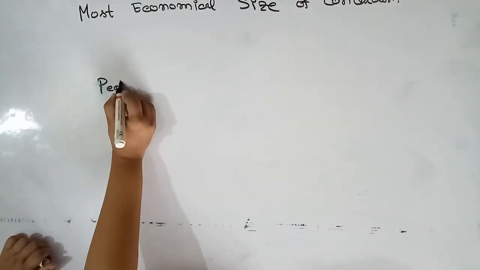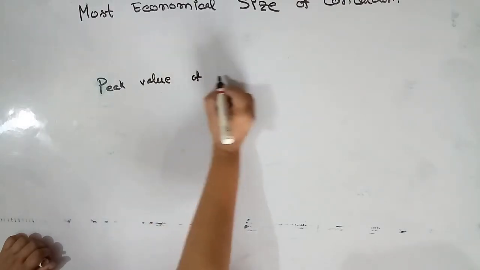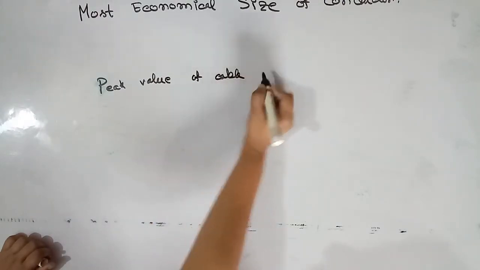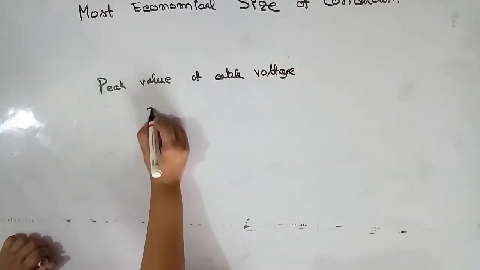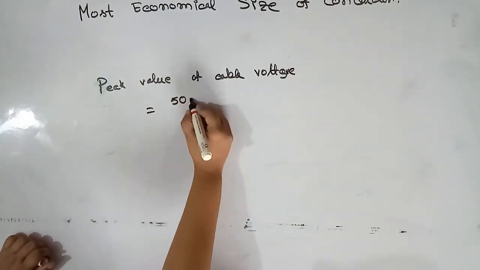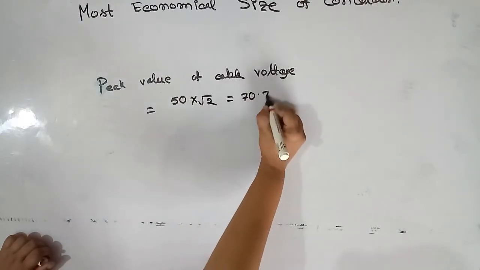Peak value of cable voltage is equals to 50 into root 2 equals to 70.7 kV.